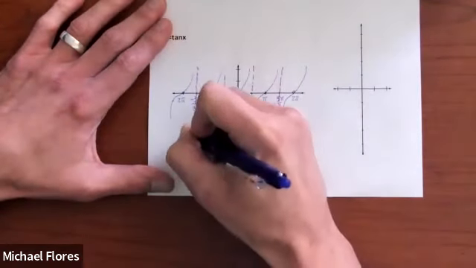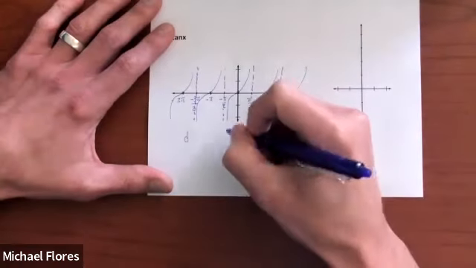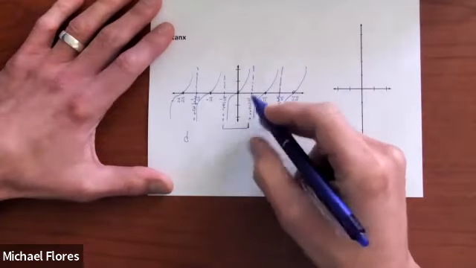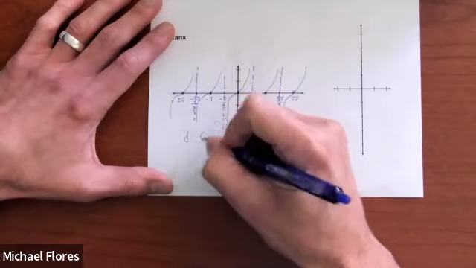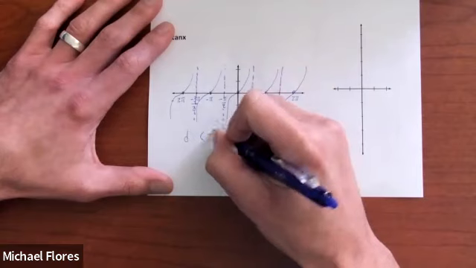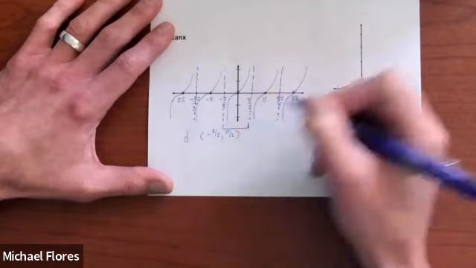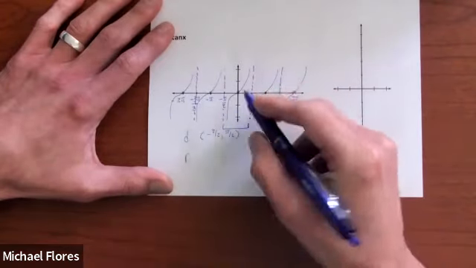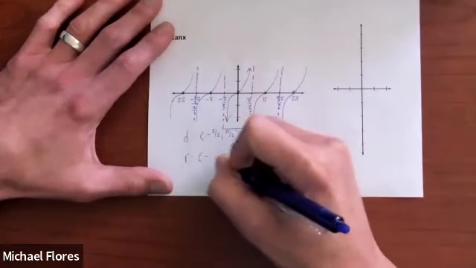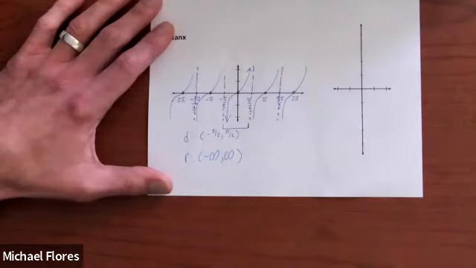All right, our domain here, remember, we're going to restrict the domain. We want our domain to be from right here, from negative pi over 2 to pi over 2. But watch this. You're going to need to use parentheses here because we do not include the vertical asymptote. So parentheses, negative pi over 2, comma pi over 2, parentheses. Range. Doesn't that look like a cubic function? So that's going to be from negative infinity to positive infinity.